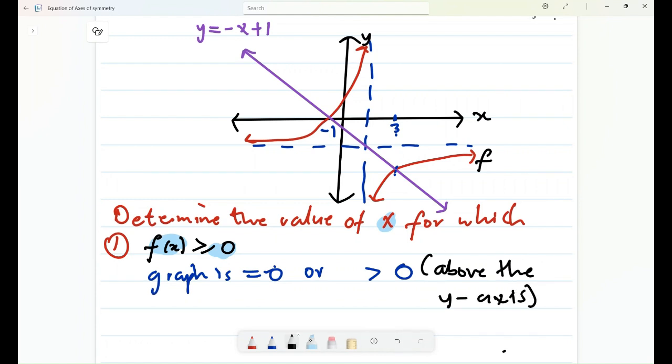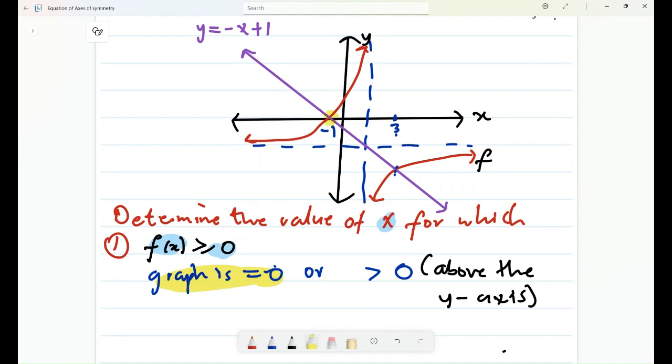So let's try to answer this question. Where is our graph? The graph of f is this one again. So where is that graph equal to 0? We know our graph is equal to 0 here. Okay? We have an answer to this first question.